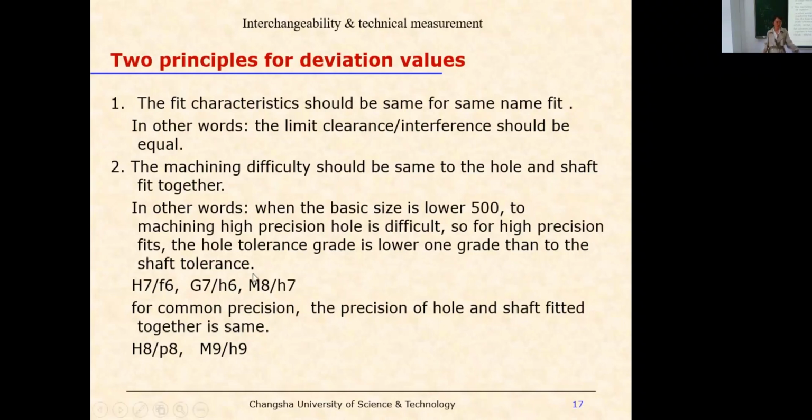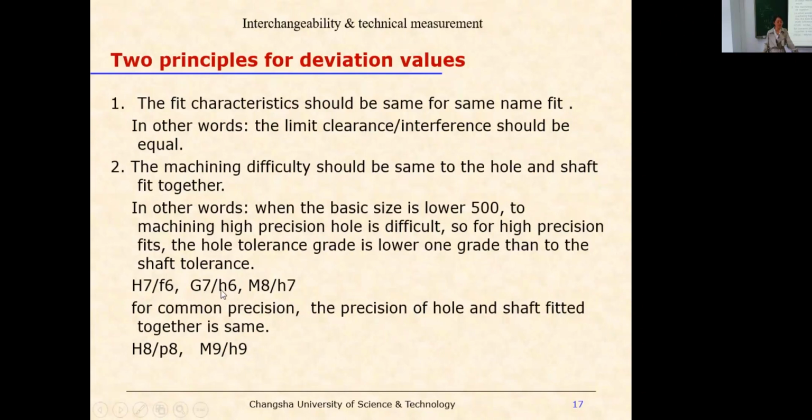So for the high pressure fit, the hole tolerance grade is one grade lower than the shaft, and a lower grade means the tolerance value is larger, right? So for H7 and F6, the hole is IT7 and the shaft is IT6.